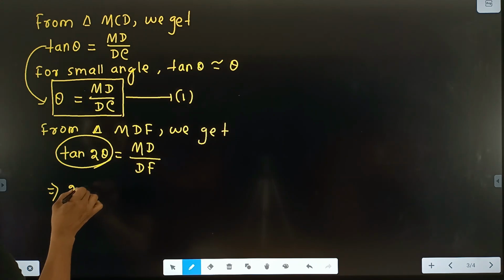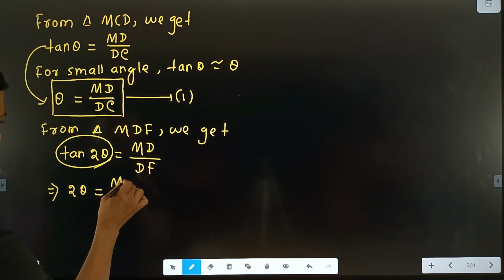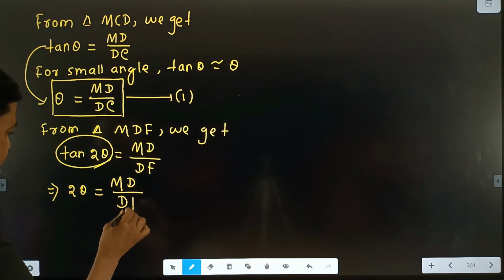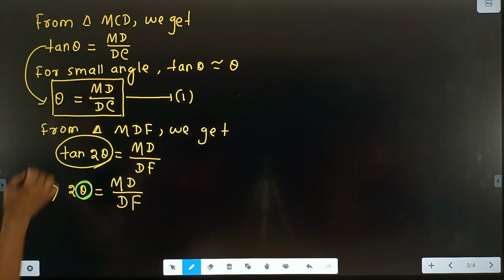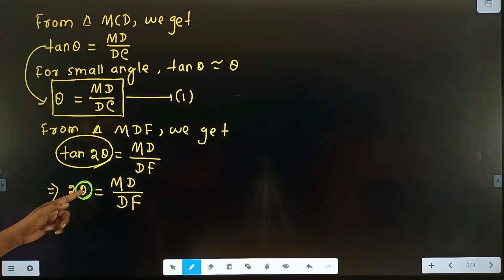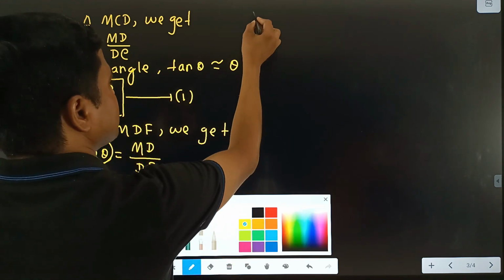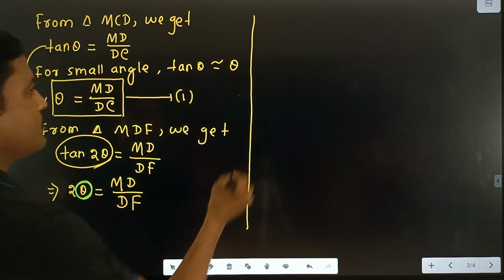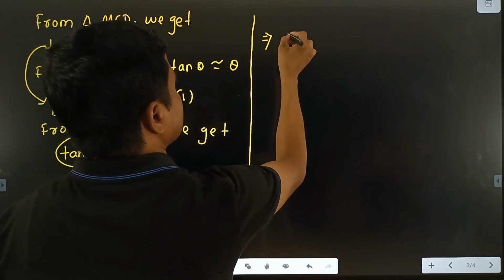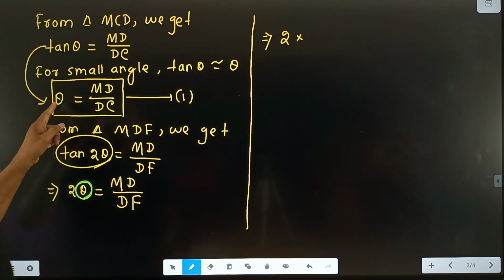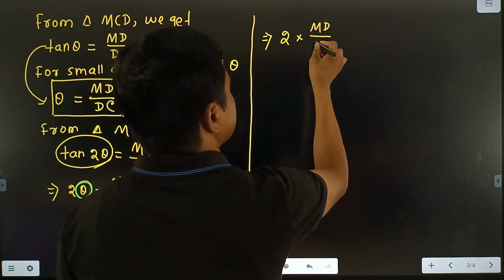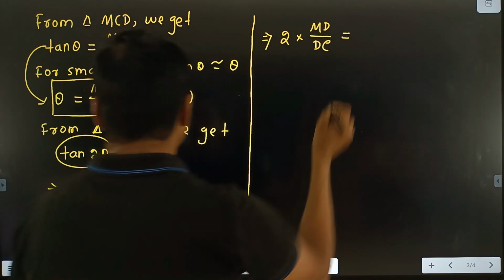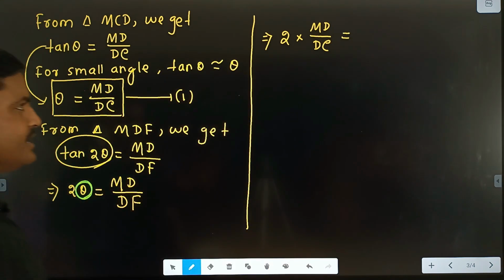So we write twice of theta is equal to MD divided by DF, and here theta is there. So in place of theta we put equation 1. That means this equation now becomes twice of, in place of theta we write MD by DC, is equal to the right hand side, that is MD by DF.